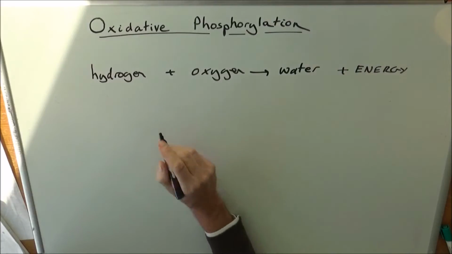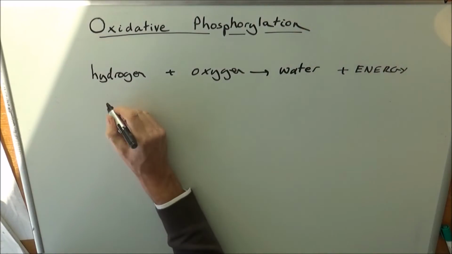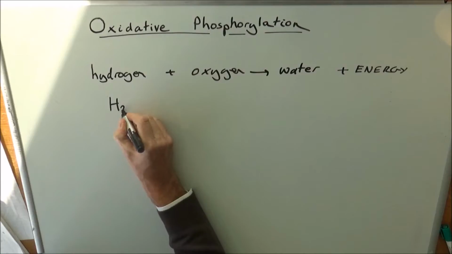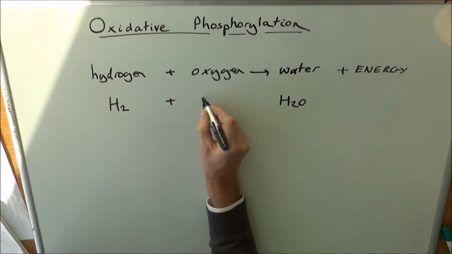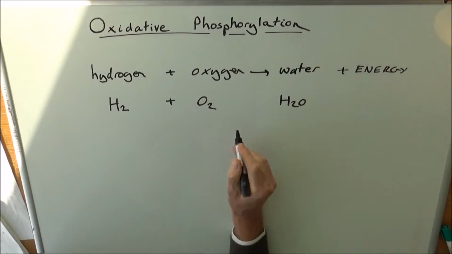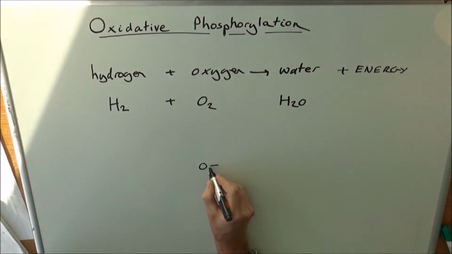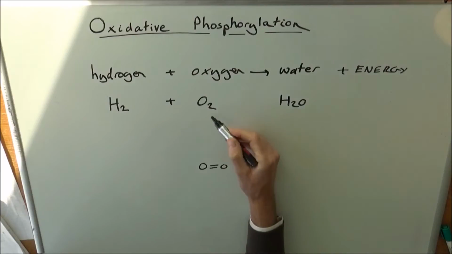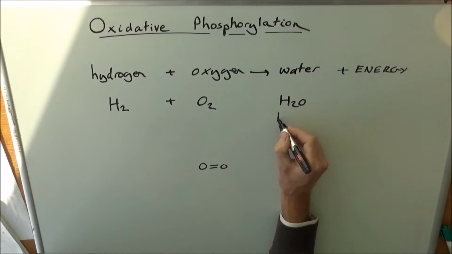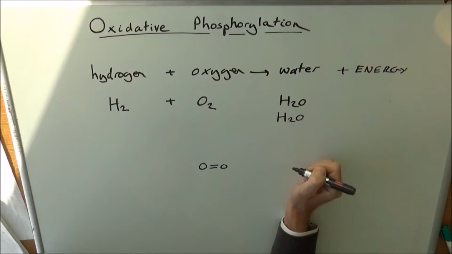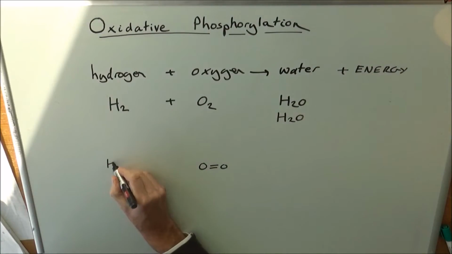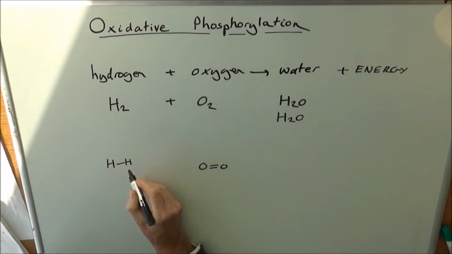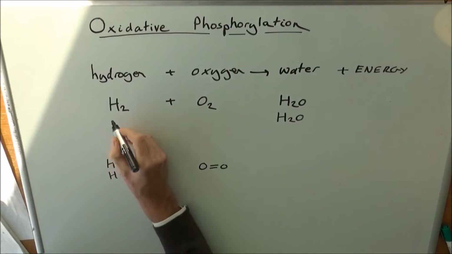Now if I write a chemical symbol equation for this, hydrogen is H2, water is H2O, and oxygen is O2. Now we see oxygen is diatomic, so we get 2 oxygen atoms in each O2, so that's enough to make 2 molecules of H2O, but then we need 4 atoms of hydrogen, and each H2 consists of 2 atoms, so we need 2 molecules of hydrogen.